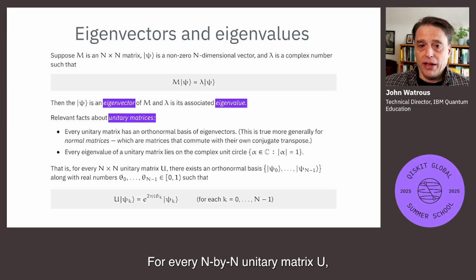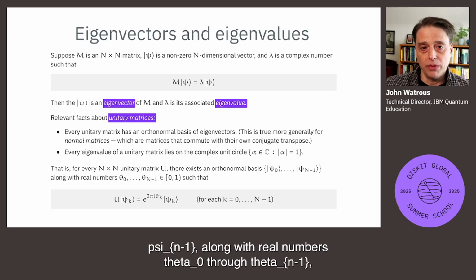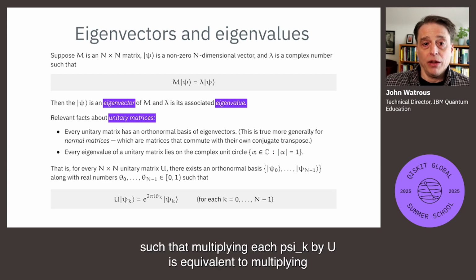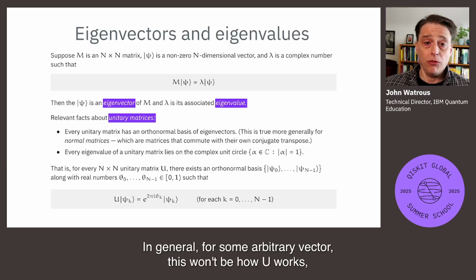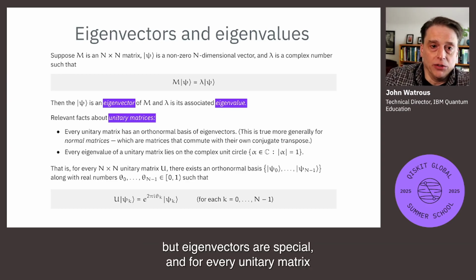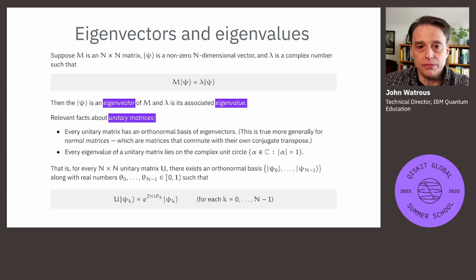For every n by n unitary matrix U, there's an orthonormal basis consisting of vectors psi 0 through psi n minus 1, along with real numbers theta 0 through theta n minus 1, such that multiplying each psi k by U is equivalent to multiplying each psi k by e to the 2 pi i times theta k. In general, for some arbitrary vector, this won't be how U works, but eigenvectors are special, and for every unitary matrix, we always have an orthonormal basis of these eigenvectors.